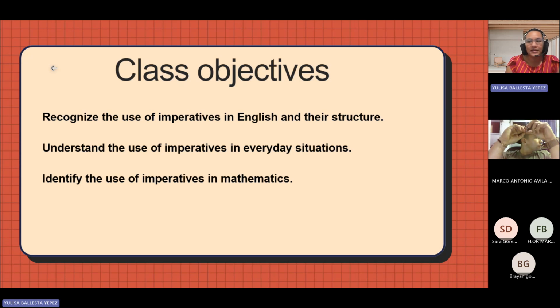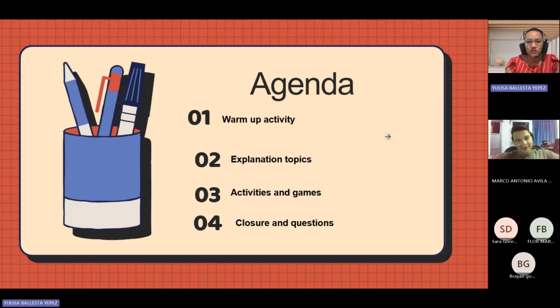For example, when we are in class, the teacher is commonly the person that creates the sentences in imperative. And you're going to identify the use of imperative in mathematics. This would be different because we always use vocabulary in English, but we never use mathematics in the classes, so today we are going to practice that.